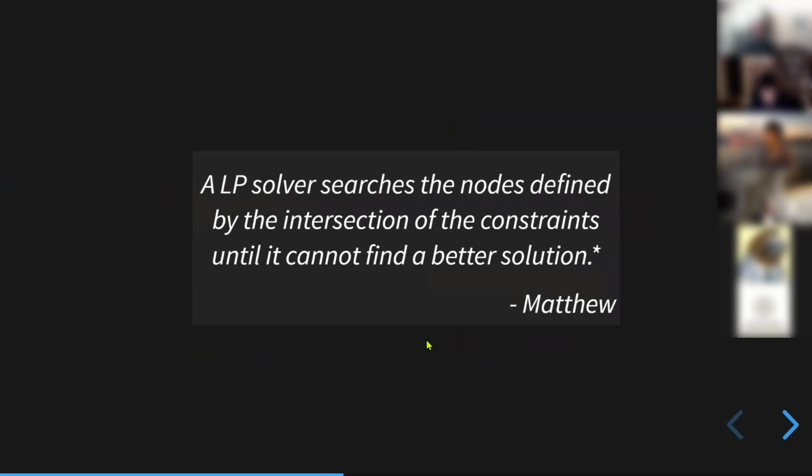What they do is kind of like the simplified description that I like to give people. And of course, you'll notice the asterisk at the end. A solver searches the nodes that are defined by these intersections of constraints until it cannot find a better solution. That's just another way of describing a tree search. It's going from node to node and saying, hey, are there adjacent nodes?